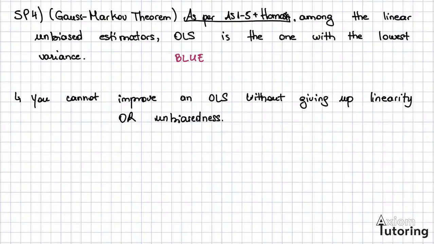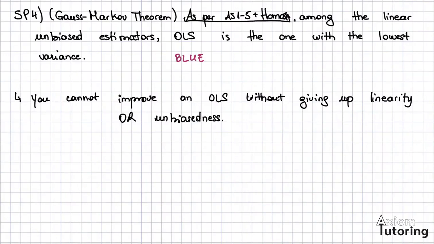So what does that mean? You are trying to add an x variable to make your model better because you believe that adding this new variable is going to help you explain more of the variation in your y variable, but at the same time, you are increasing the variance in your beta 1 hat, okay?